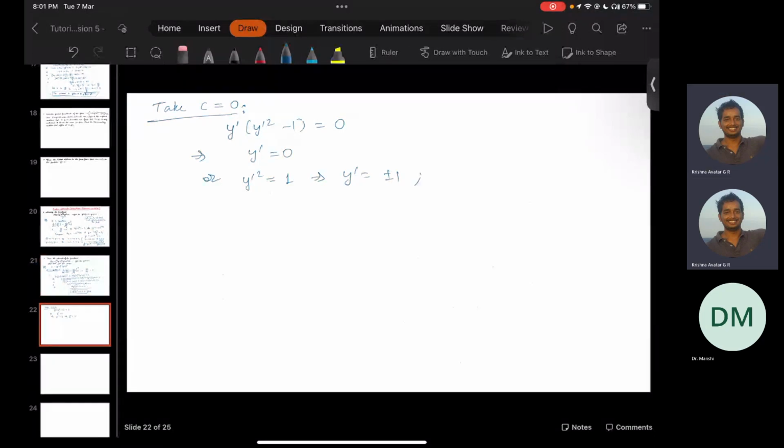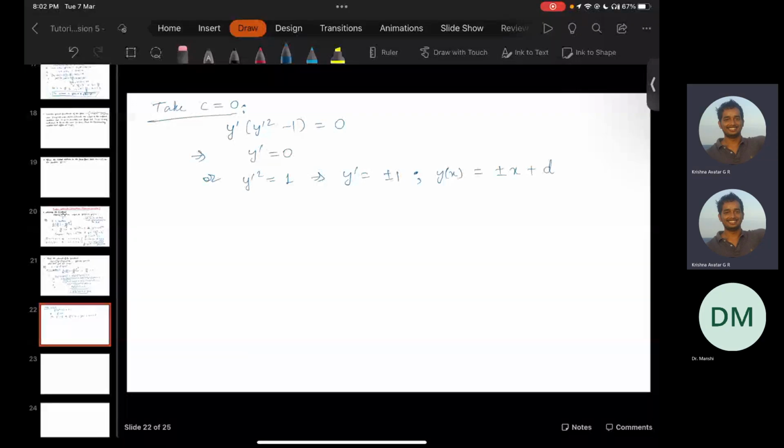And in this case, what we can do is take y prime and integrate it once. Then we'll have plus minus x plus some constant, say I'll just call it small d.